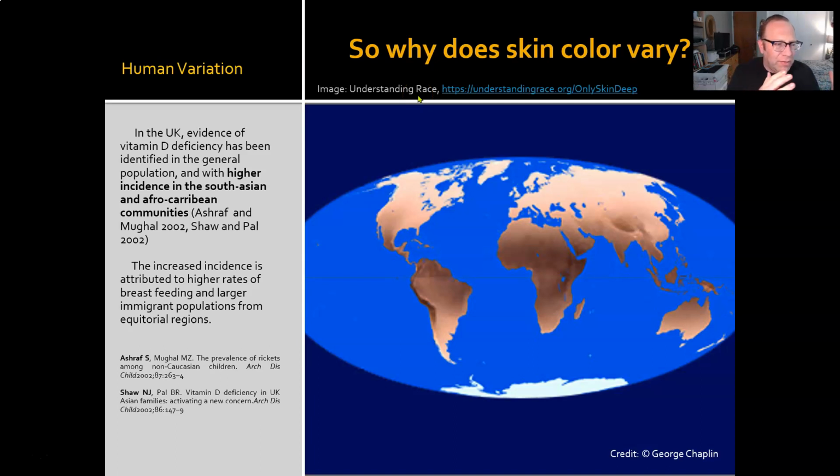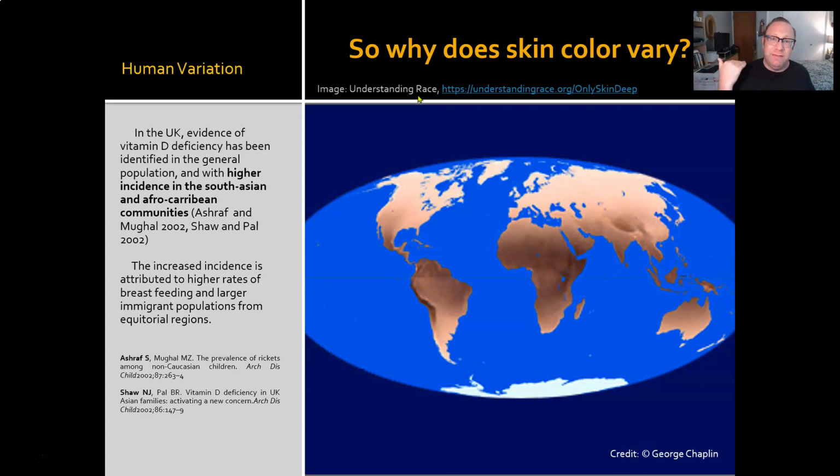Now, this higher incidence of vitamin D deficiencies at high latitudes explains the evolution of light skin, correct? But dark skin also had to evolve. Our primate cousins don't have dark skin under their coats.